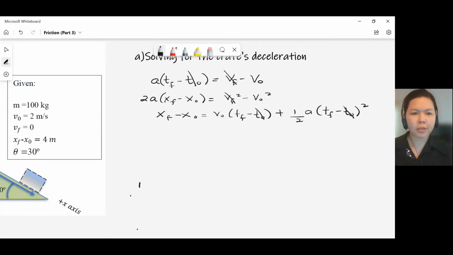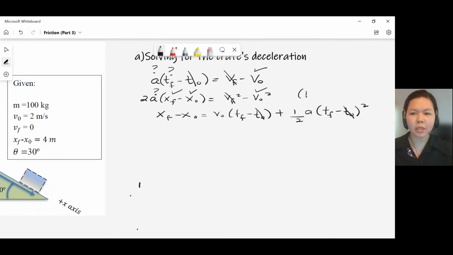Let us now check the other given. Acceleration, or deceleration, is what we're looking for. The final time is unknown, not given. V naught is given. Second equation, acceleration is unknown, xf minus x naught we have, V naught is given.